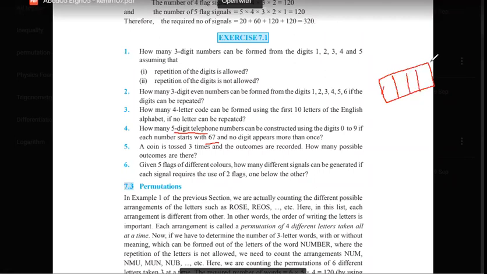Don't think about real life, just think about the problem. First 2 digits are fixed, 6, 7, so the last 3 digits will change. That's it. See, if it can be repeated, then you can use 6 digits. No, who said that you cannot use the digit which you used at unit place? Got it, Janvi? So you can use that number also.